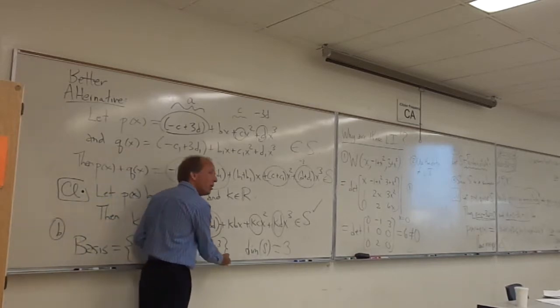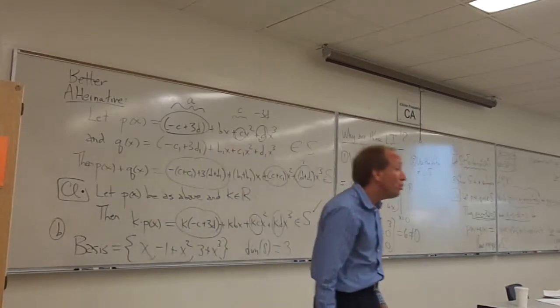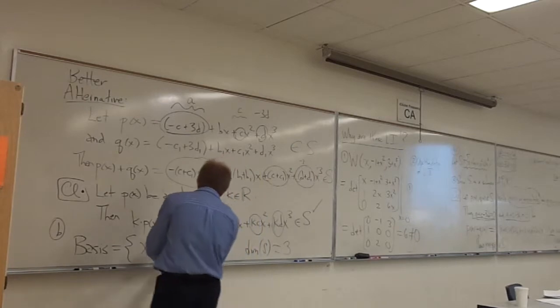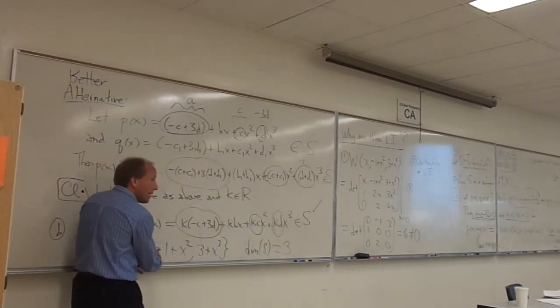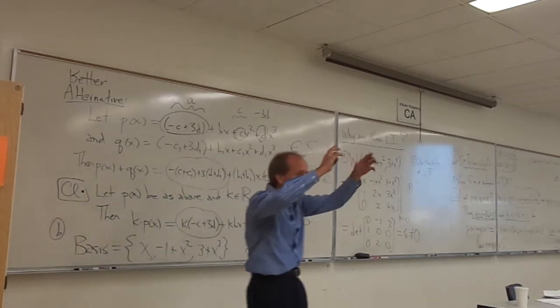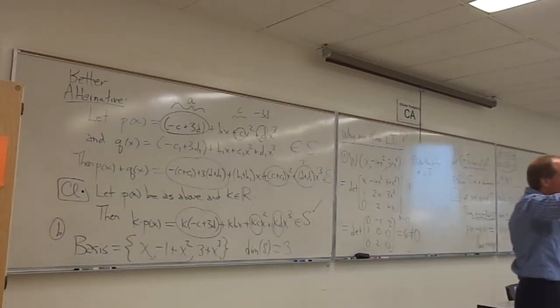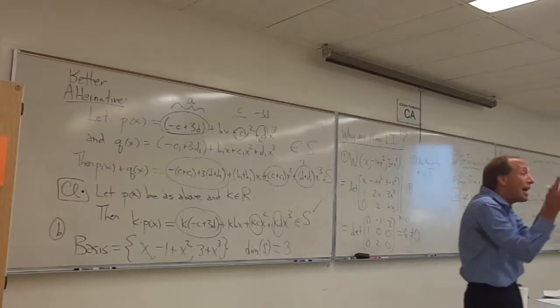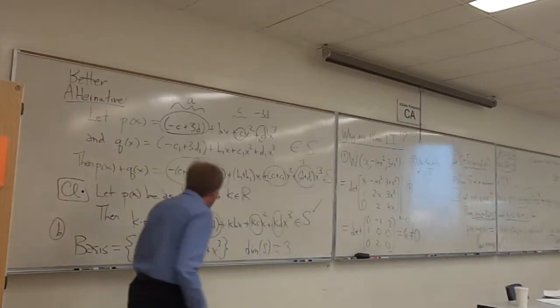Now this third one involves x cubed, which the first 2 do not have in them. You can take linear combinations of these first 2 vectors until you're blue in the face. You can do it forever. Take all possible linear combinations. You will never be able to reach that third vector, which means that the third vector is outside of the span of the first 2.